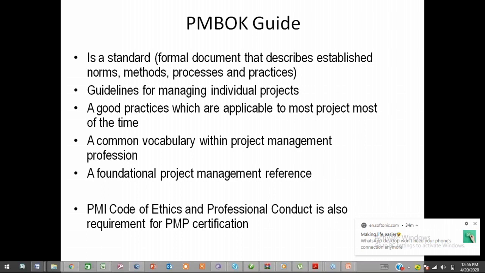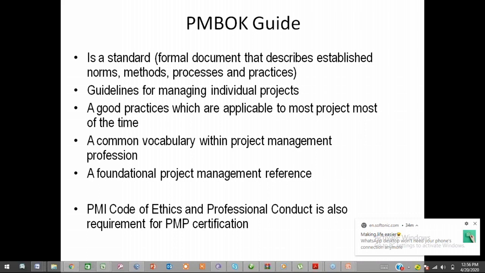So this gives you open knowledge of good practices applicable to most projects most of the time. These good practices are what is obtainable and used by international organizations. So if you want to work as a project manager, you need to understand the good practices that are useful, accepted, and adopted by organizations.